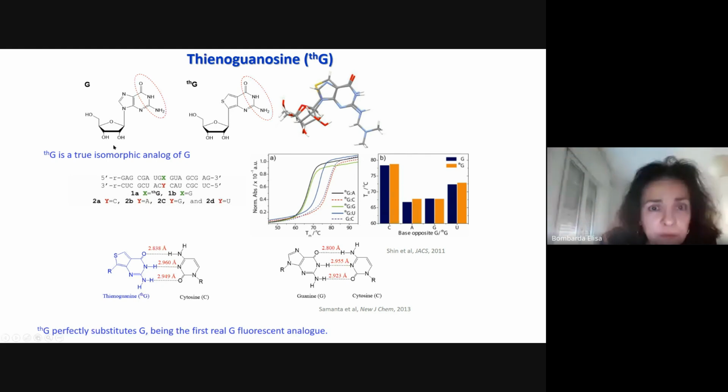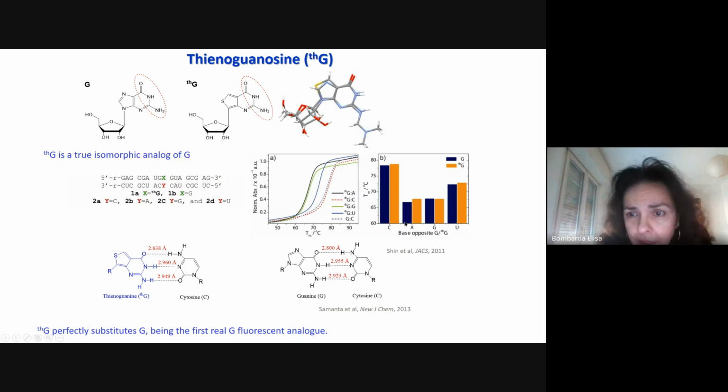So it is definitely a true isomorphic analog. So the Watson and Crick base pairing is absolutely maintained. These are the groups that are involved.